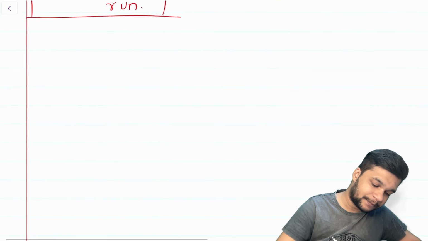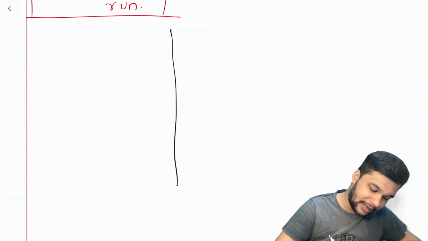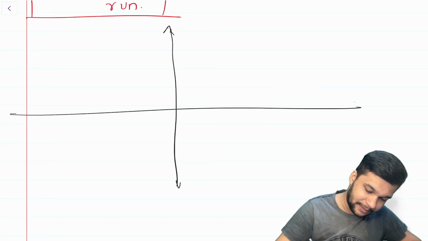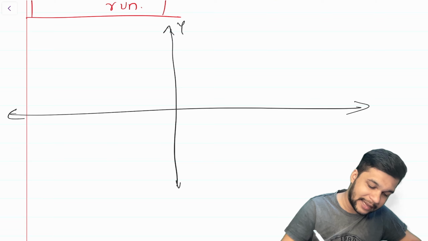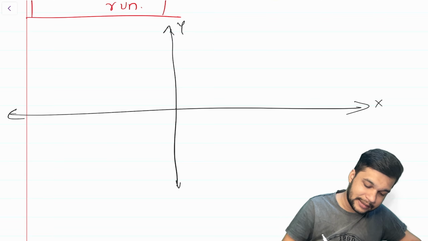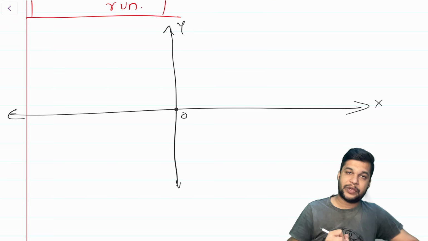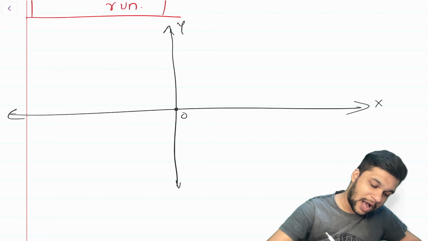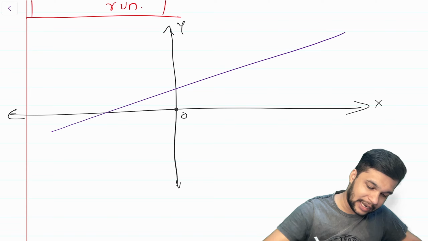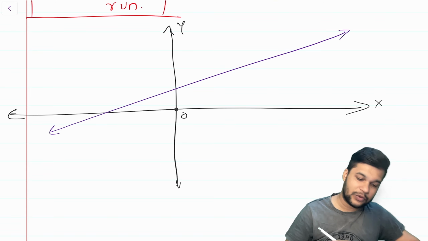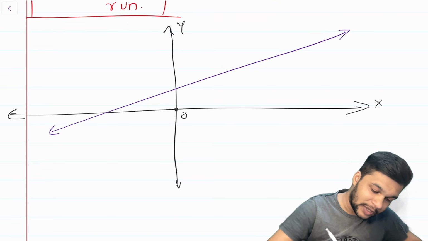Let's draw the Cartesian plane. Let's say this is your y-axis, this is your x-axis, and this is your origin 0. Now let's say you have a straight line like this. Let's say you have 2 points on the straight line.